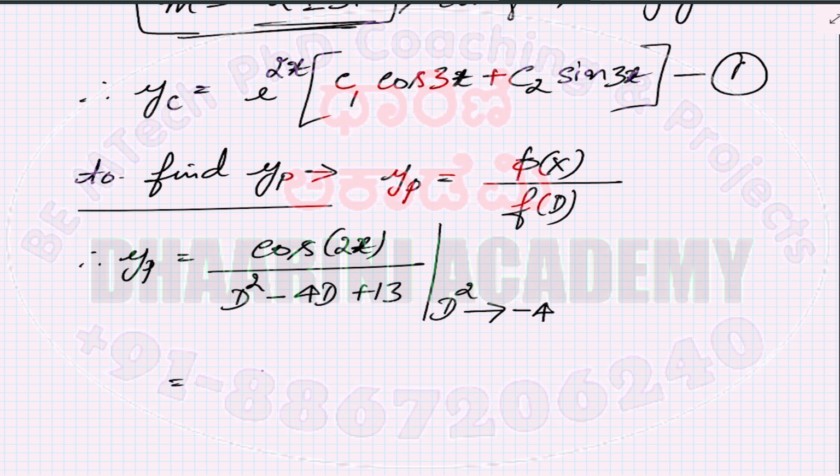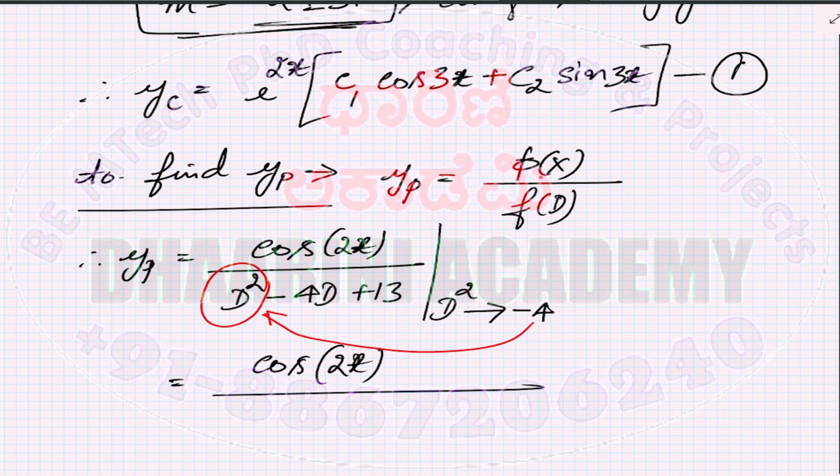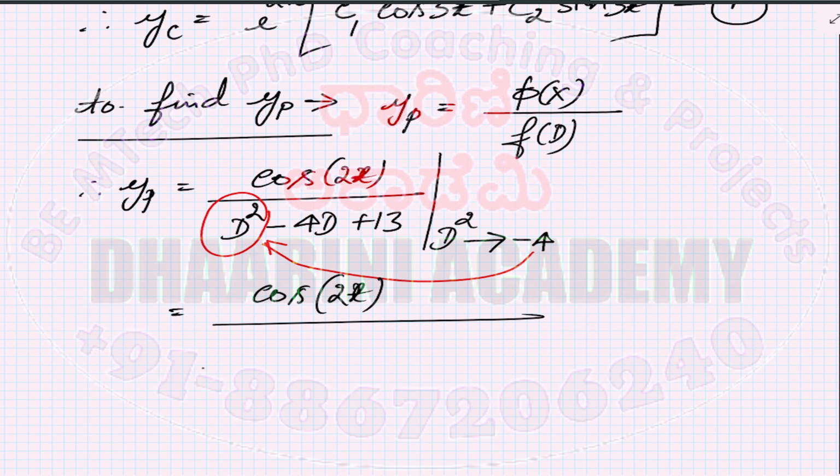So this means it is equal to cos 2x, numerator as it is, in the denominator wherever you see d square, replace the complete d square by minus 4. So I have to remove this d square and I should write a minus 4 over here. Okay, so let me do that now. So this is equal to d square replaced as minus 4, minus 4d.